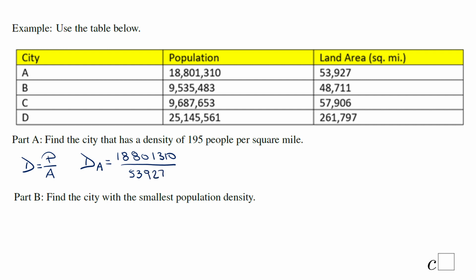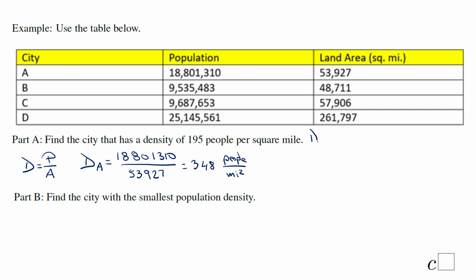So let's grab a calculator and do this division. 18,801,310 divided by 53,927, and I end up with 348.64. And again, let's leave it like that, 348 people per square mile for city A. So this city A is not the one we're looking for.